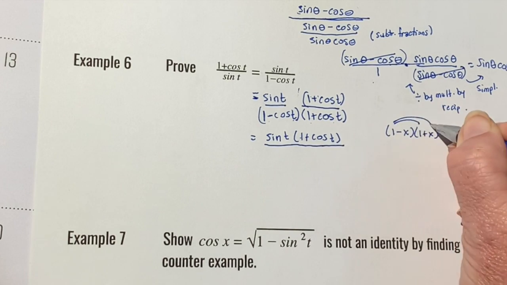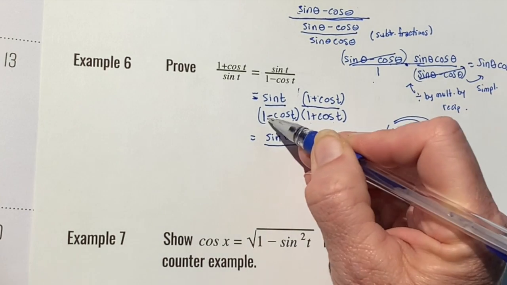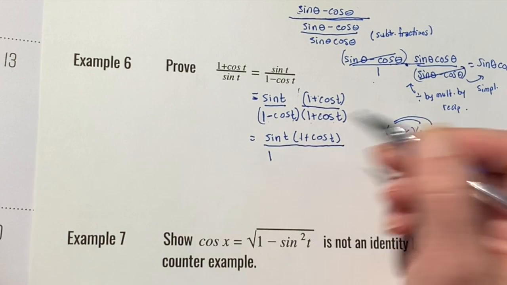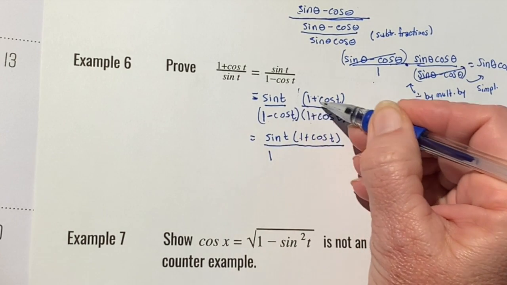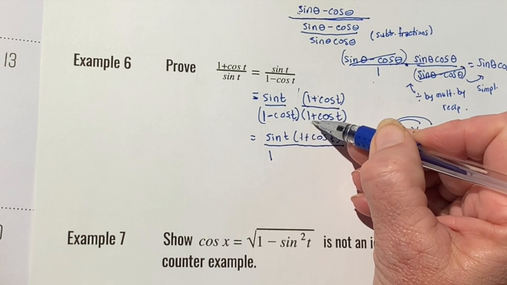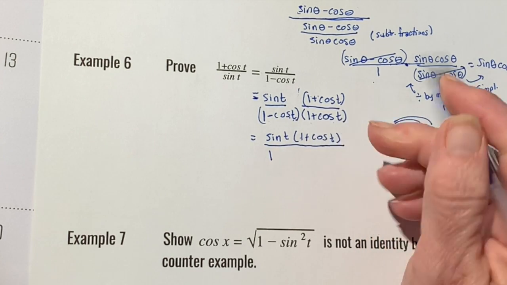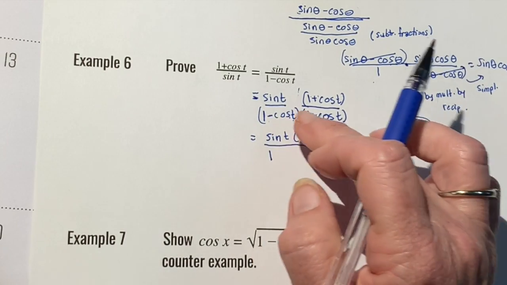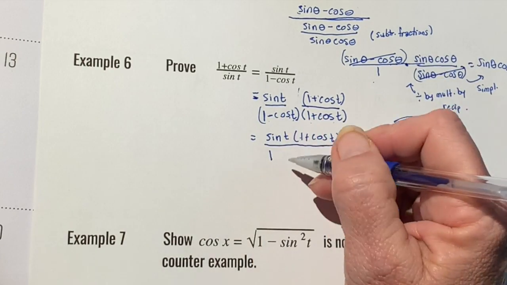You just multiply. So 1 times 1. Now, 1 times cosine t is cosine t. Minus cosine t times 1 is negative cosine t. So I end up with a positive cosine t and a minus cosine t. Maybe I should go ahead and write that out.